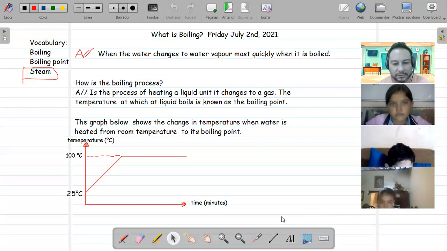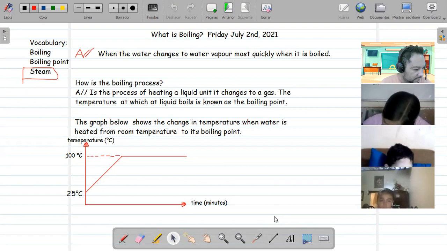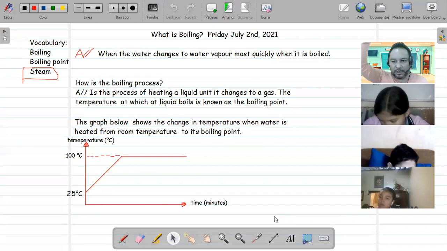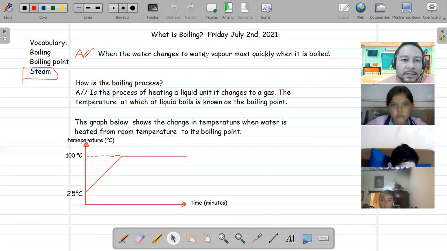The water cycle, okay? Because all that water that is on the land, on the puddles, is evaporating, and that vapor goes up to the atmosphere and creates the clouds. Yeah, the water cycle. Okay, so let's see.